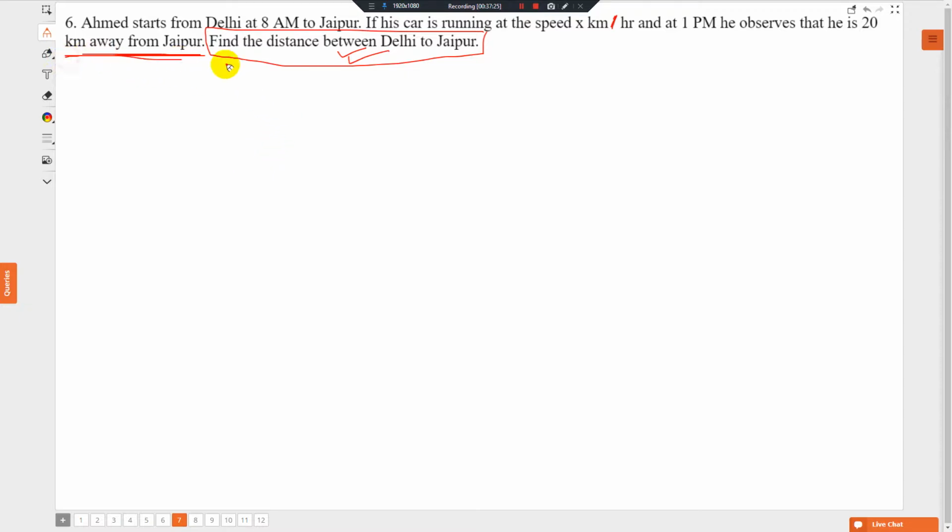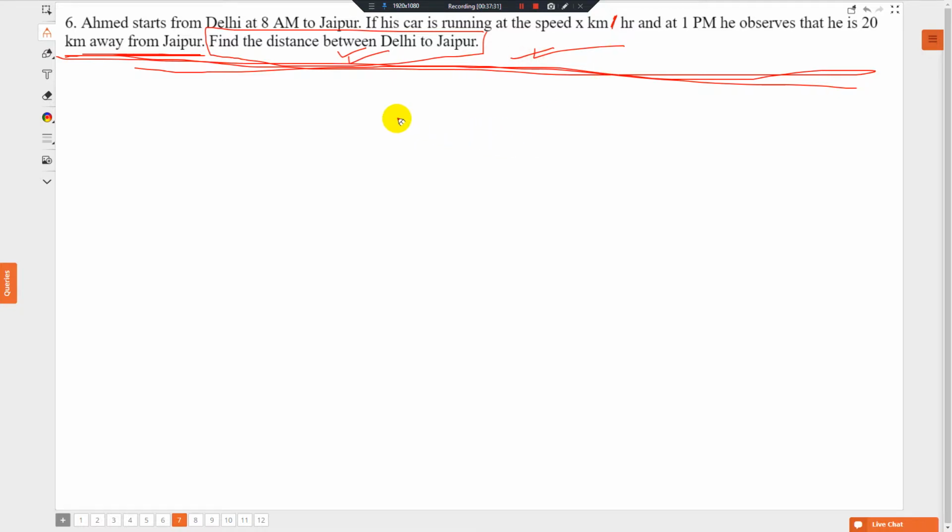In one try only we will try this problem. So there's a boy ahead, and he starts, think that this is Delhi. This is Jaipur.